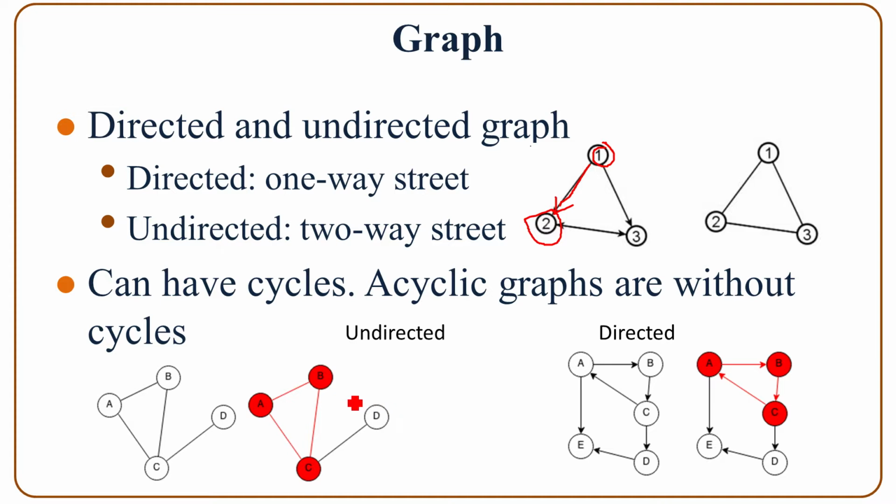Looking at some examples, the example on the left is the example for an undirected graph, and that is a cycle.